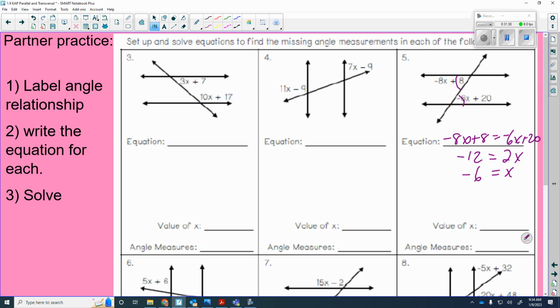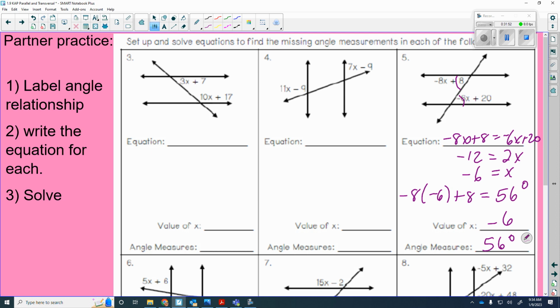Just checking. But the angle's not negative, it's x that's negative. Okay, so the value of x is negative 6. And then the angle measure, we're going to plug it back in. So negative 8 times negative 6 is 48, plus 8 is 56 degrees. Okay, and they're congruent, so I don't really need to go any further.